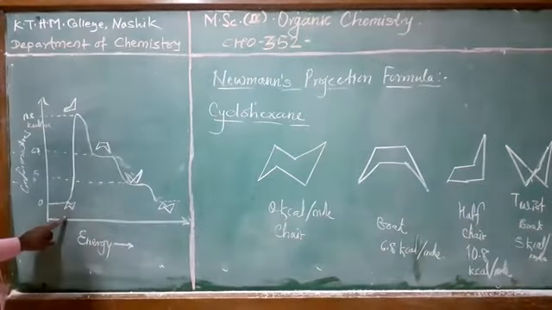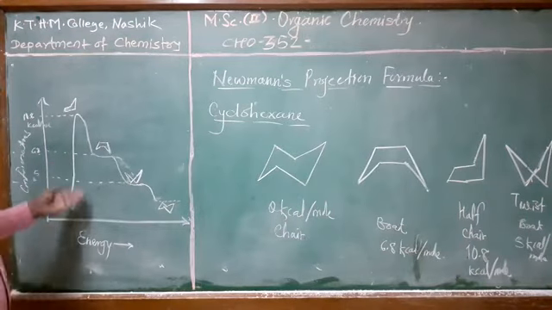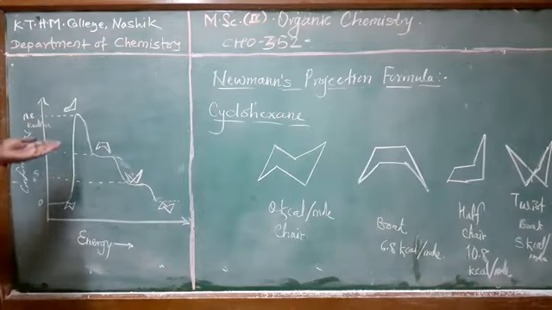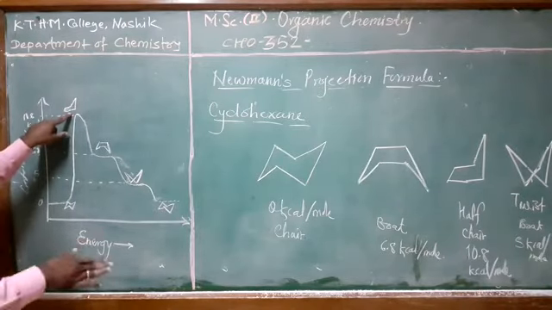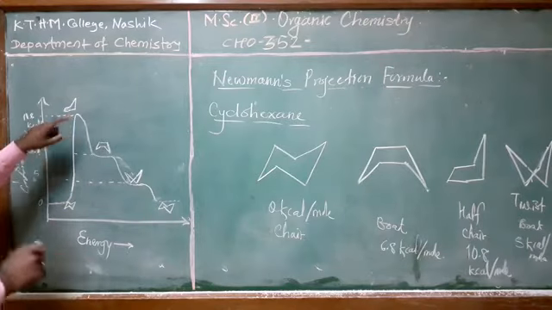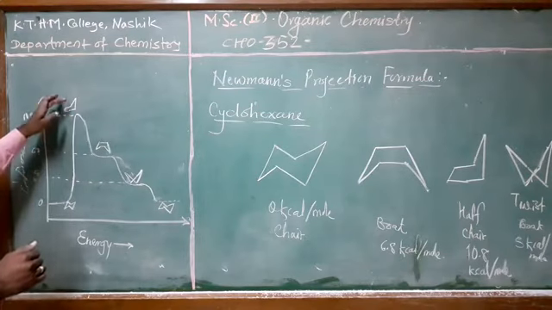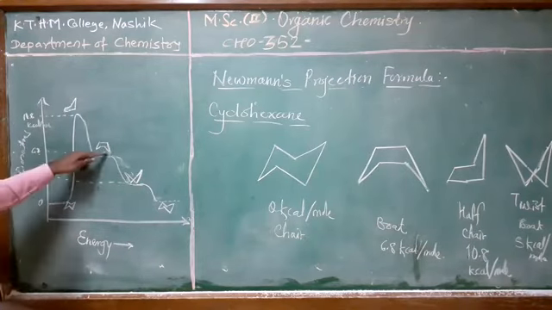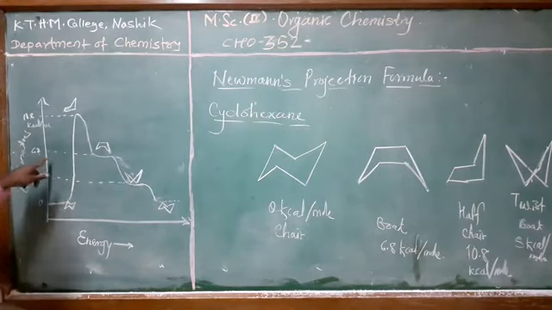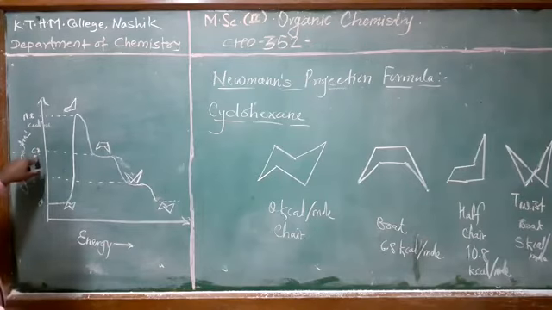First we consider the chair conformation. When we lift this chair in the upward direction, we obtain the half chair conformation, which is highly unstable, having the energy 10.8 kilocalorie per mole. And again, if we bend the upward carbon atom downward, we obtain the boat conformation, having the energy 6.8 kilocalorie per mole.